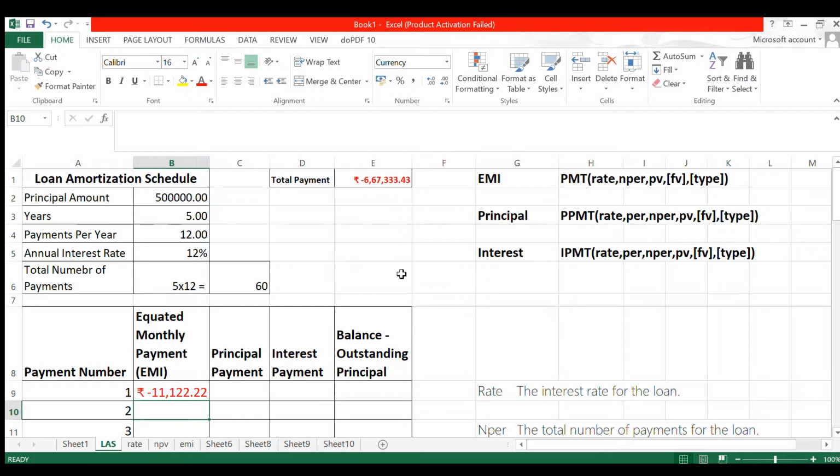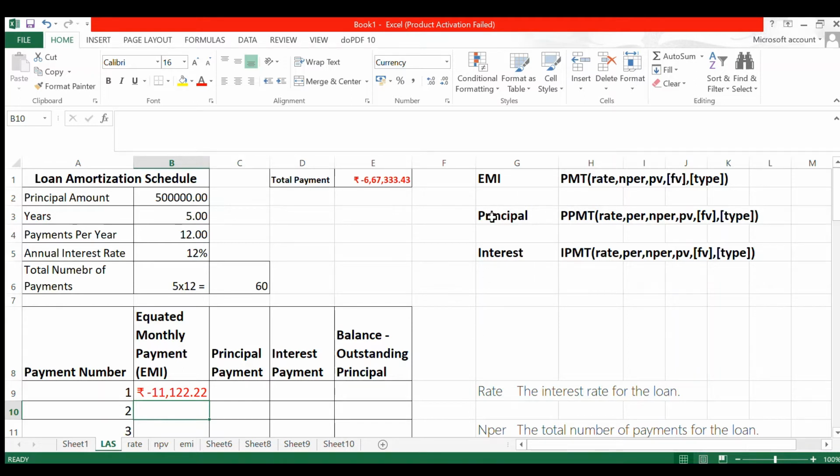For every month, the principal payment and interest payment out of this equated monthly installment will be different. So we can calculate the principal payment and interest payment out of each of these EMIs every month.